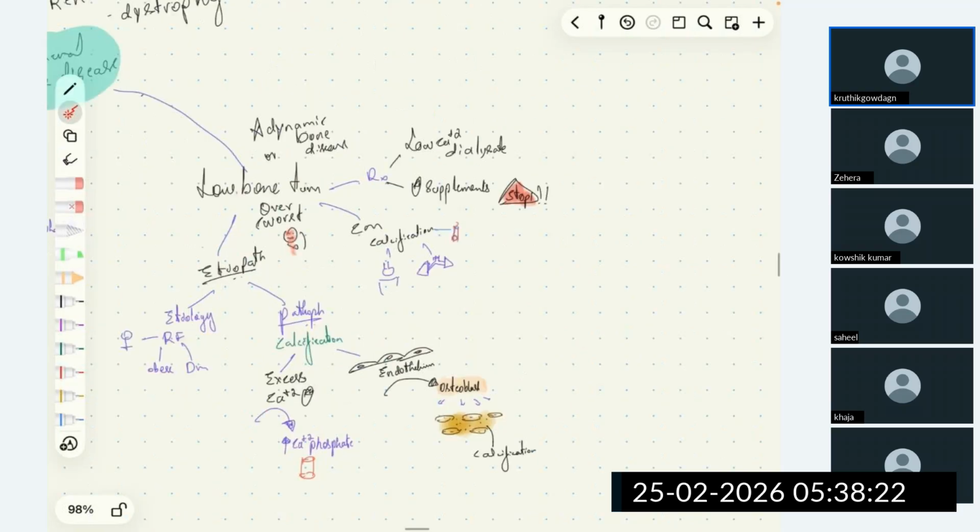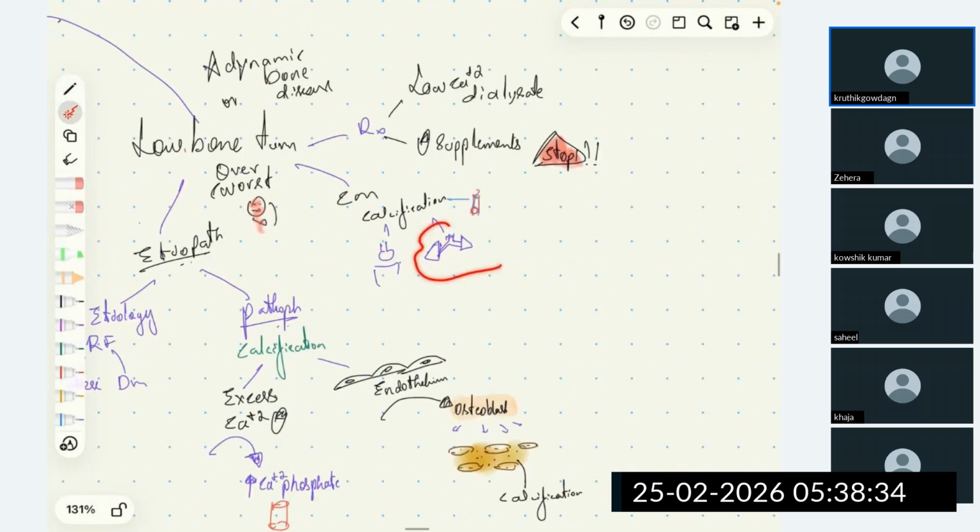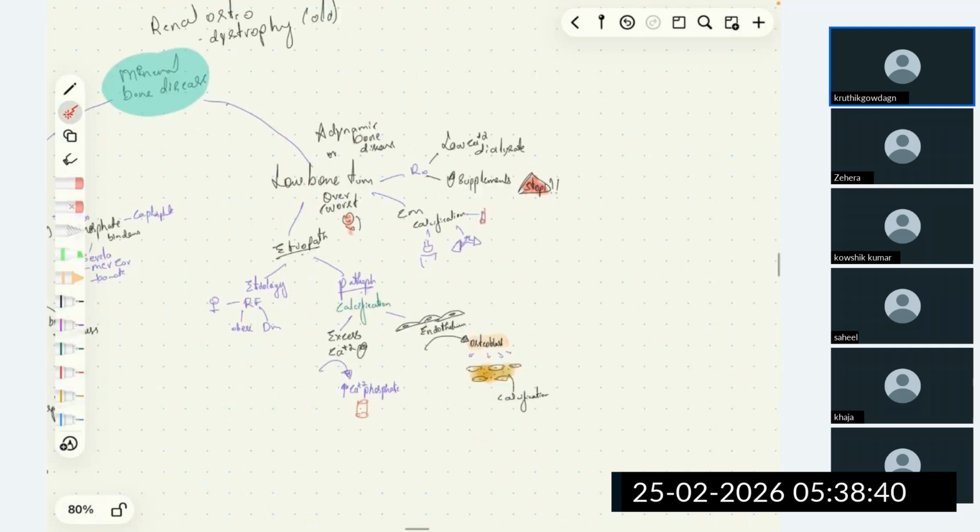What is the clinical manifestation of this condition? There is calcification all over the body in many sites. Medial calcification we already saw. There can be pulmonary calcifications and then periarticular calcifications. This is about the pathophysiology and clinical manifestation. On investigation, you can do the X-ray.